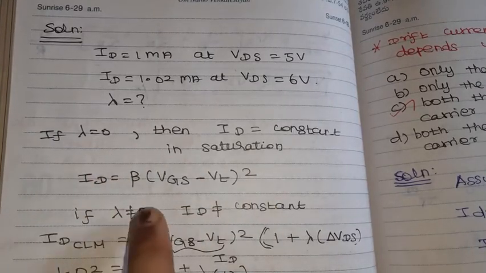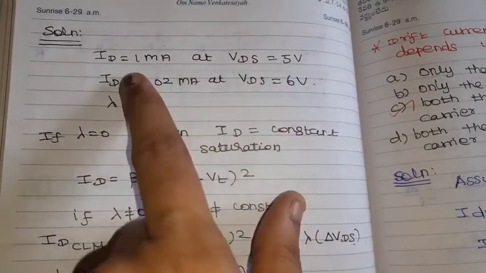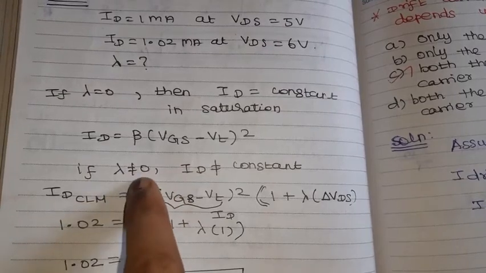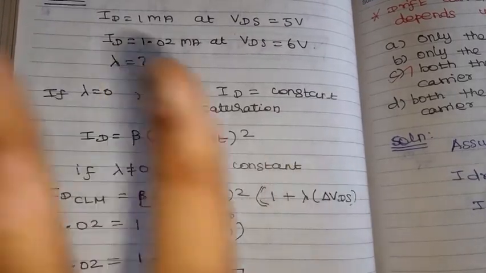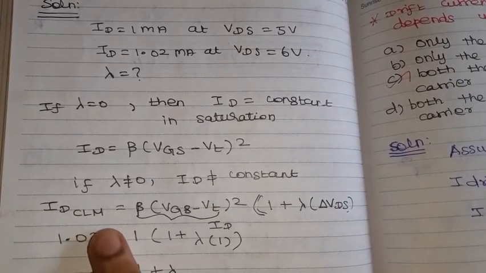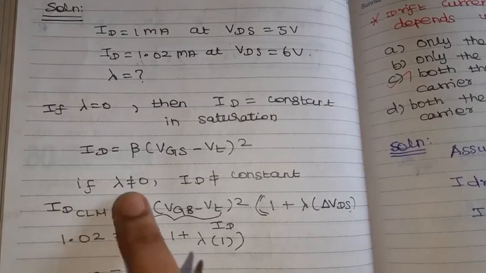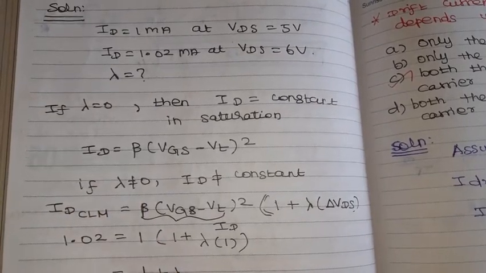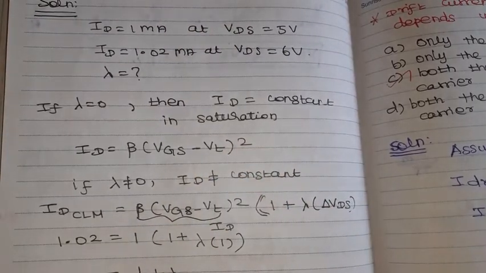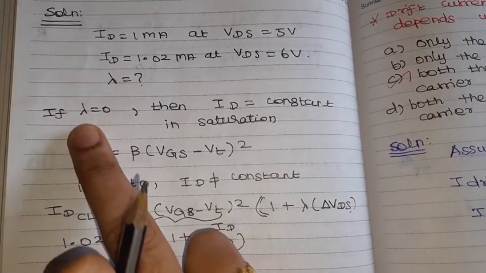Here if lambda is not equal to 0, ID is also not constant; as VDS changes from 5, ID is varying now. So we need to consider lambda. Lambda not equal to 0 means ID is not constant. Then what is the formula? In general, when the transistor is in saturation region, ID becomes constant, and at that time we neglect the channel length modulation parameter.